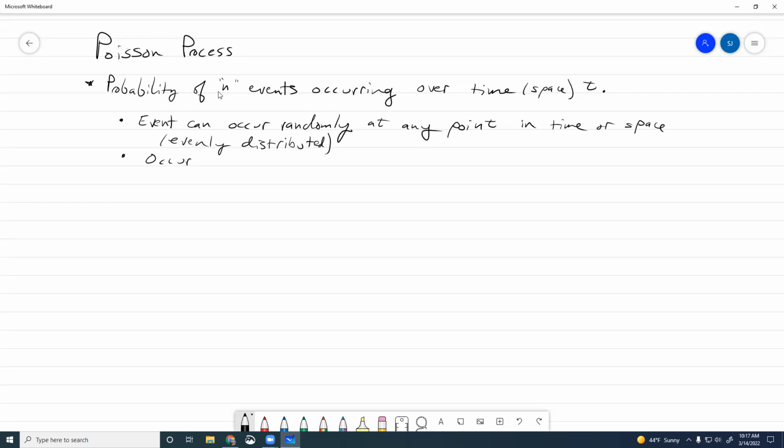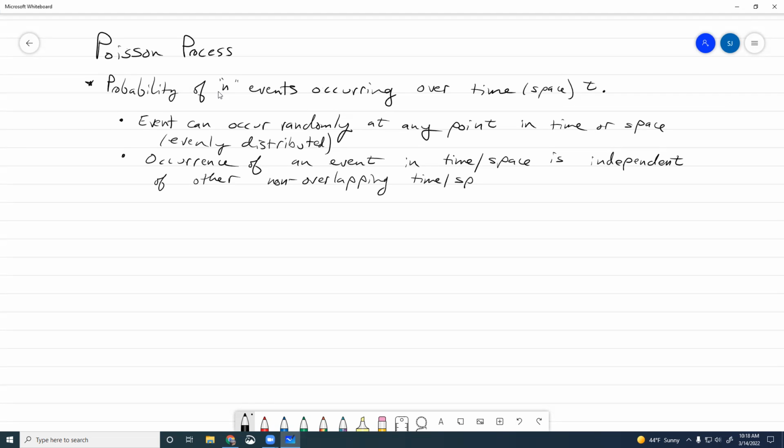The occurrence of an event in time or space is independent of other non-overlapping time and space intervals.